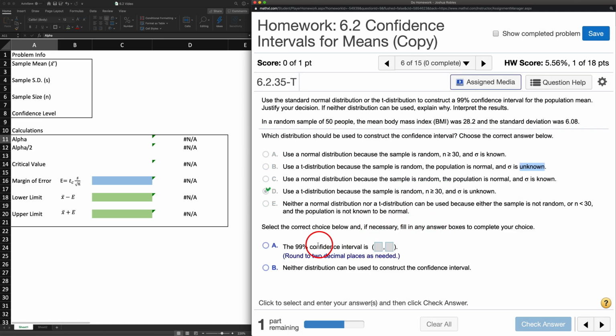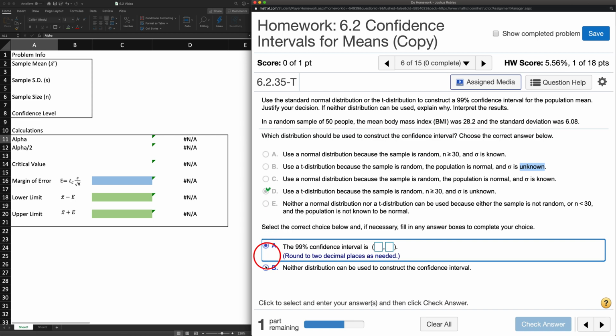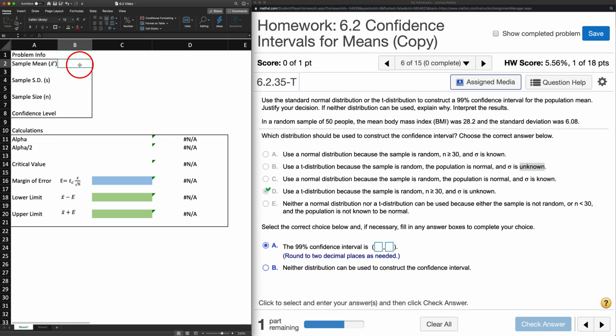So now we want to find the confidence interval. We are going to be able to find it because we met the three conditions for the confidence interval. So first, from the problem, we need to find all the information they give us, which will always have to be given. So the sample mean, this was the mean for the BMI, 28.2.